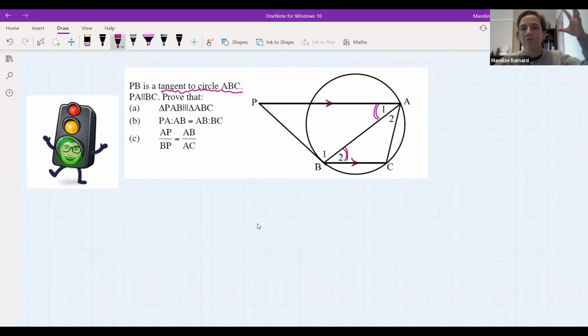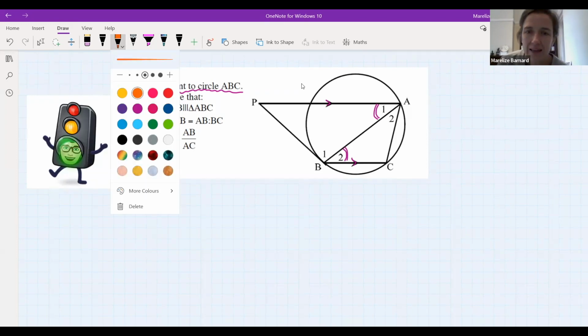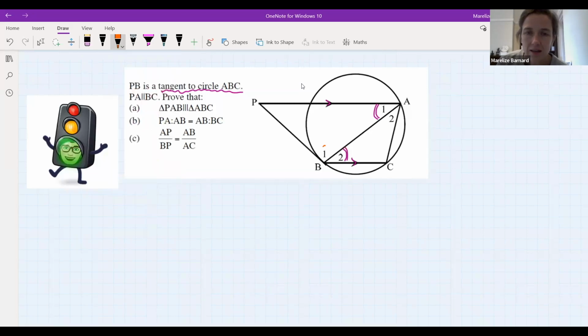Our knowledge of circle geometry gets mushed together with similarity, and it just becomes one big mush of geometry stuff put together. Okay, so the next thing we can say then, if PB is a tangent, then this angle B1, the angle between the tangent and the chord, must be equal to angle C. And we've got 2 angles. That's enough, and we can prove our similarity.